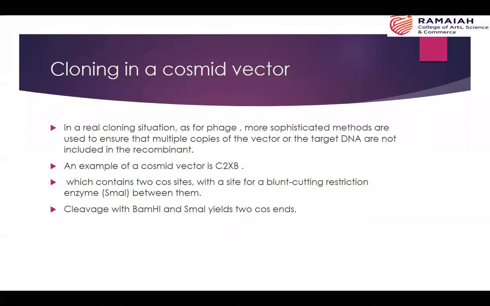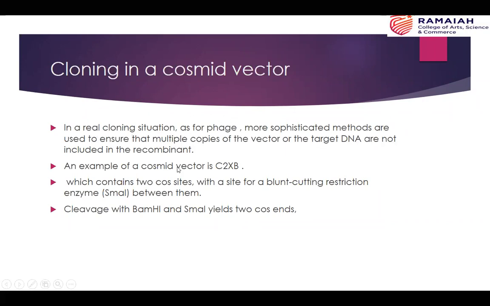But in real cloning situations, more sophisticated methods are used in order to make sure that multiple copies of the vector, that means without the incorporation of the target DNA, two vector molecules get ligated, or multiple copies of the target DNA are incorporated within the vector. That means multiple copies of the vector or the target DNA are not included in the formation of recombinant.